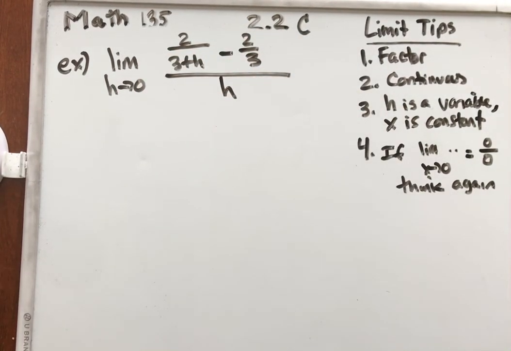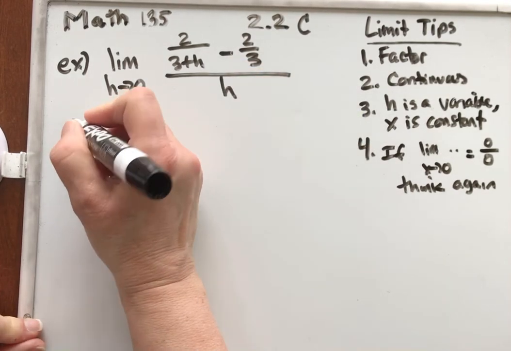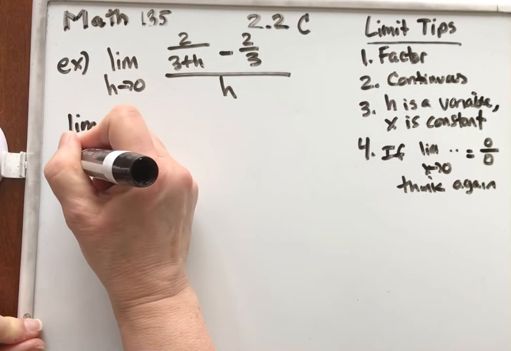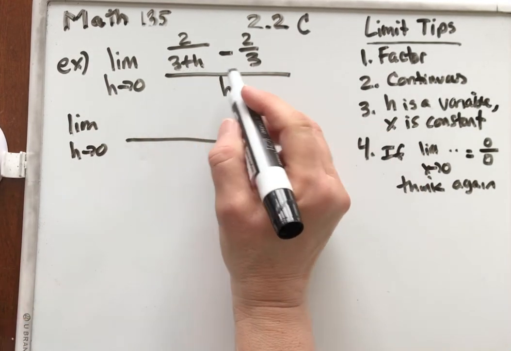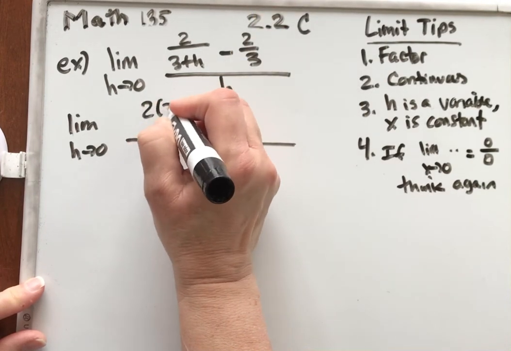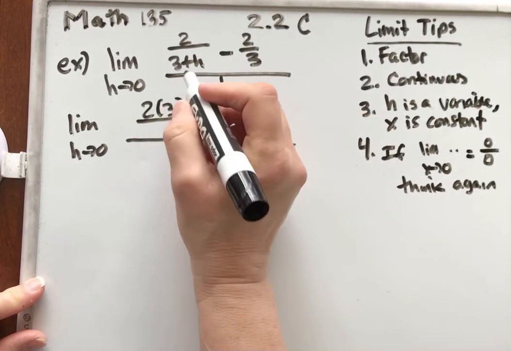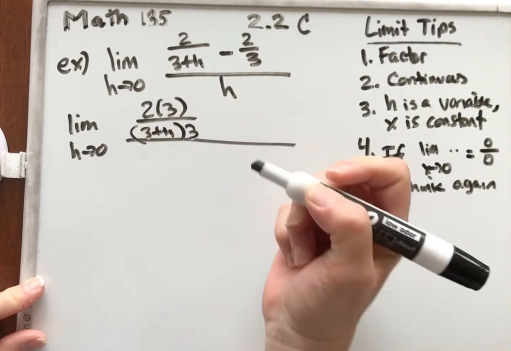Okay, so I'll give you a moment to write that out. Okay, let's say that we want to put these two together. We need the same denominator. The same denominator is going to be 3 times 3 plus h. So here I'm going to multiply 2 times 3. And this becomes 3 plus h times 3.